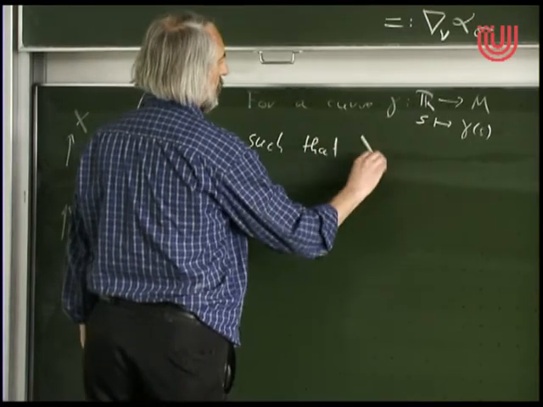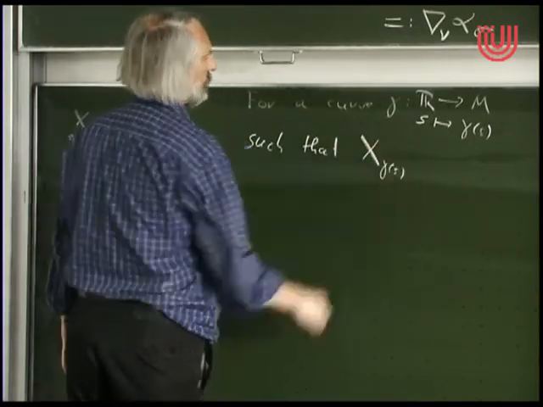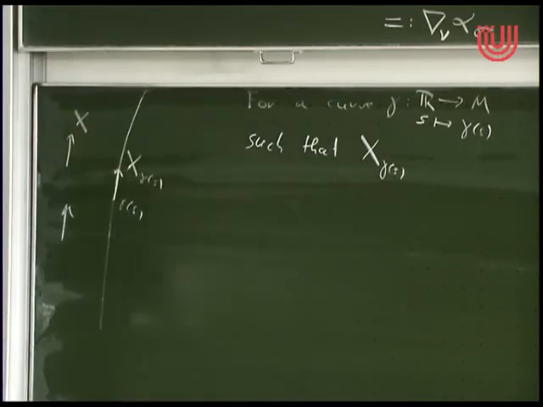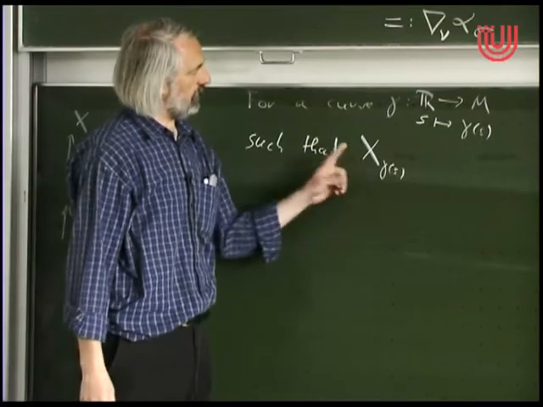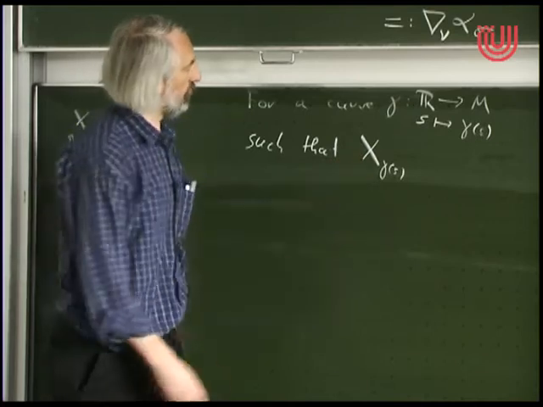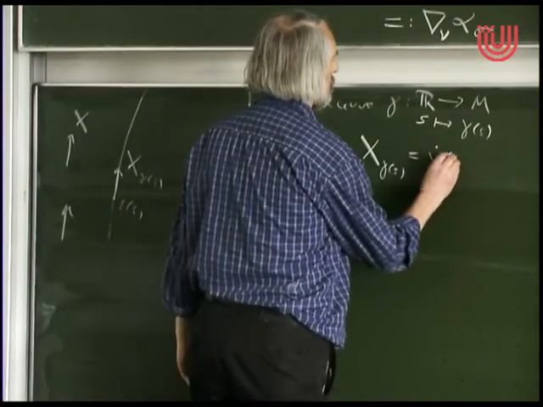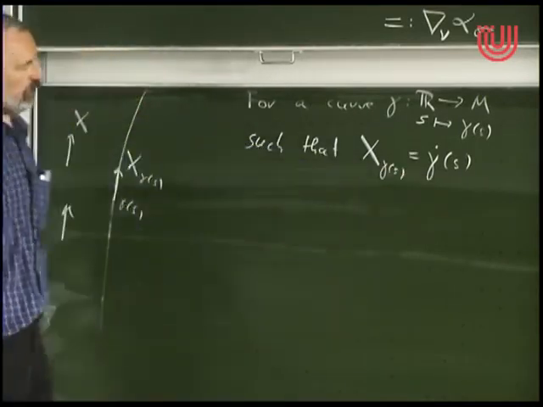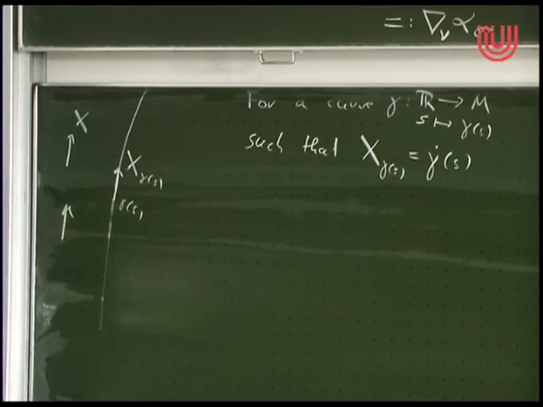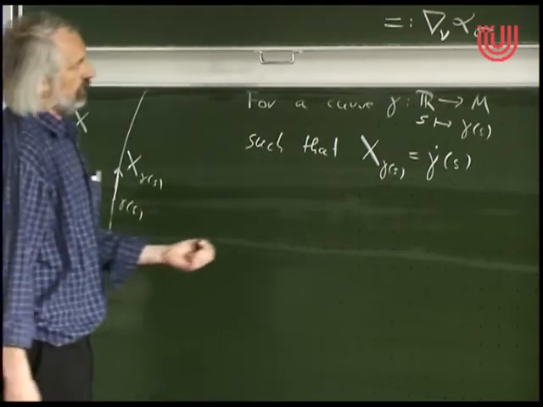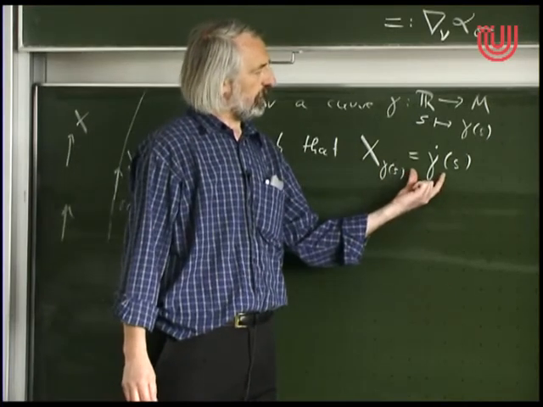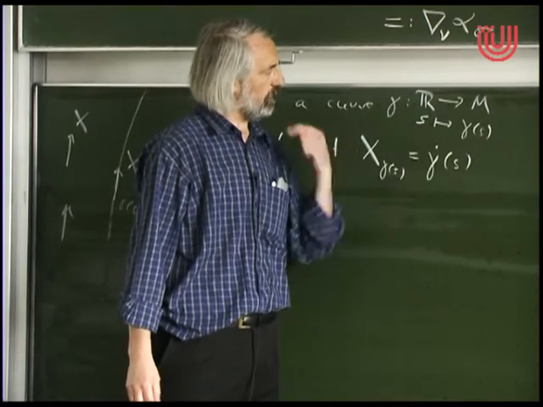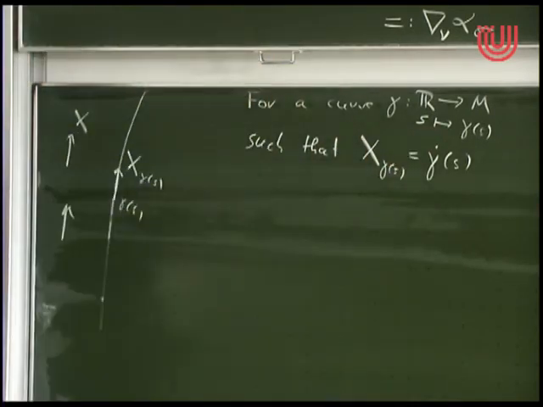If I evaluate this along the curve, I denote it in this way, for each s, I get a vector x at the point gamma of s, that this is a tangent field, which we had introduced, I think, in the penultimate lecture. This was defined as a derivative operator associated with a curve. It just differentiates with respect to the parameter along the curve. We had defined this precisely.